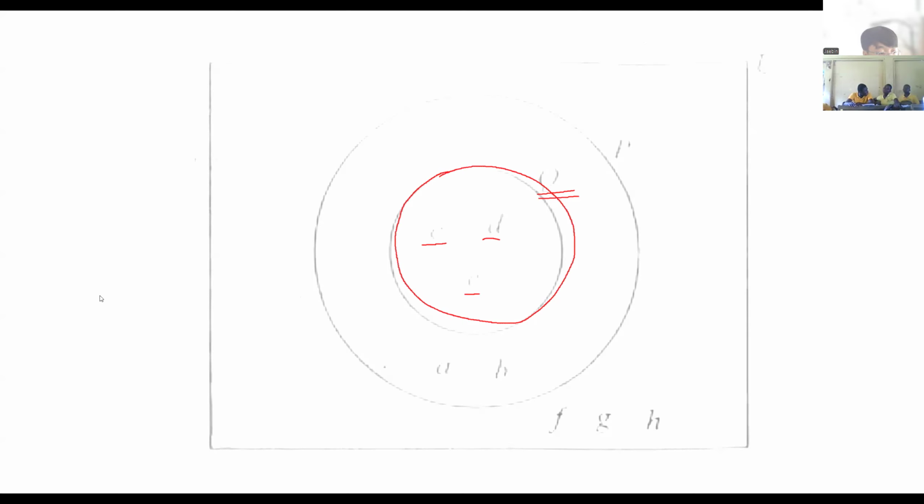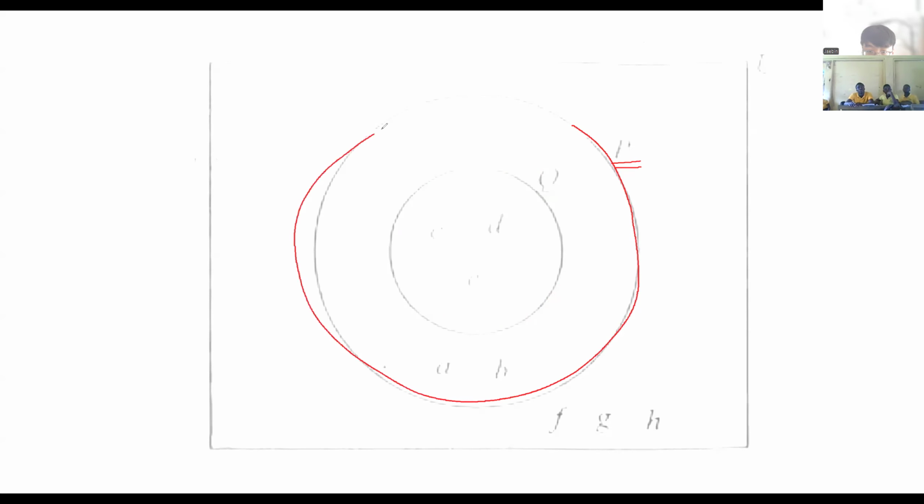Okay, now, what are the members for set P? What is inside this whole circle?